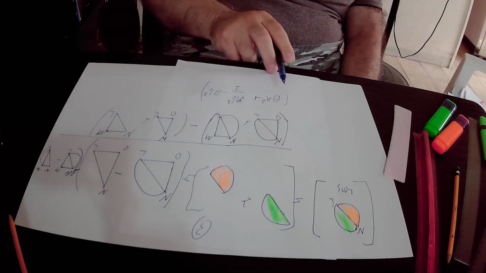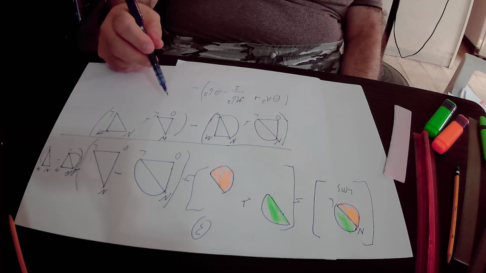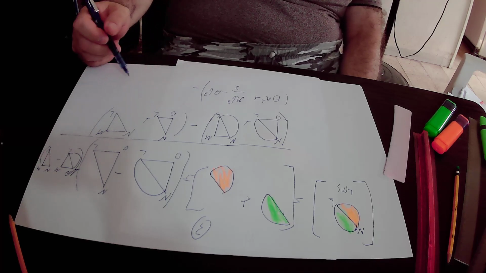So this expression equals the sum of the areas of those two sectors minus the sum of the areas of those two triangles.